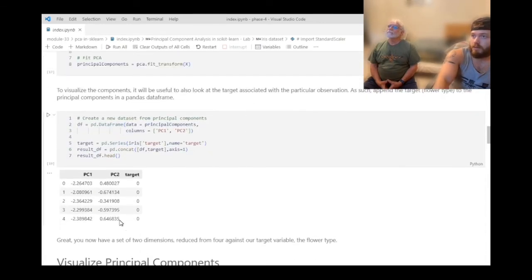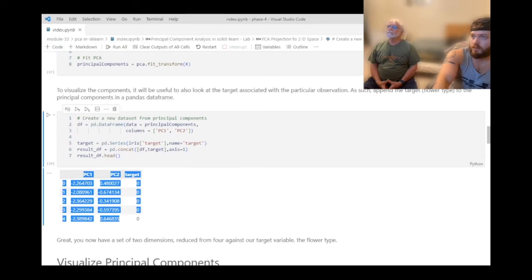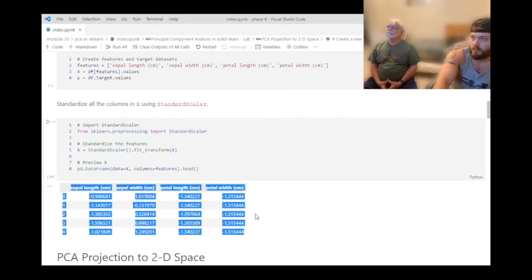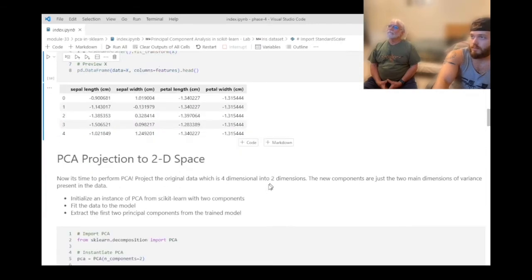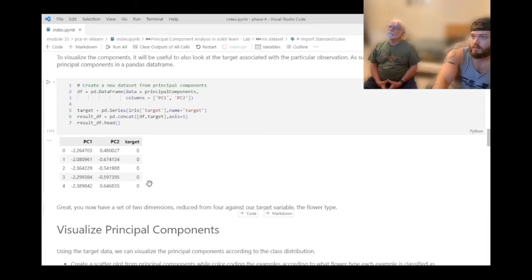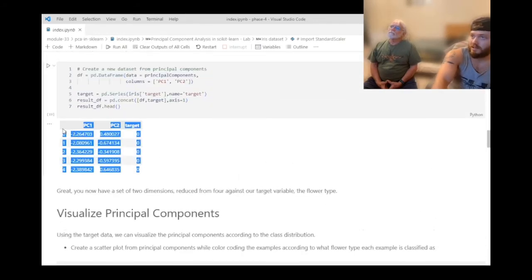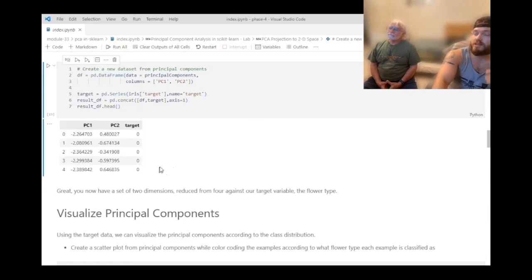So these 2 columns represent what is represented by these 4 columns. This data frame right here, which is a spreadsheet in essence, represents the same information that the original data frame does, right?